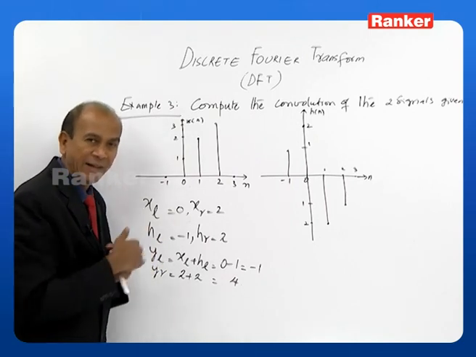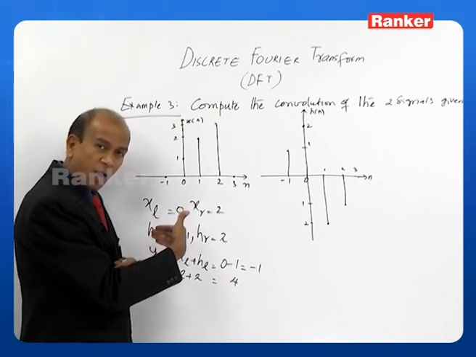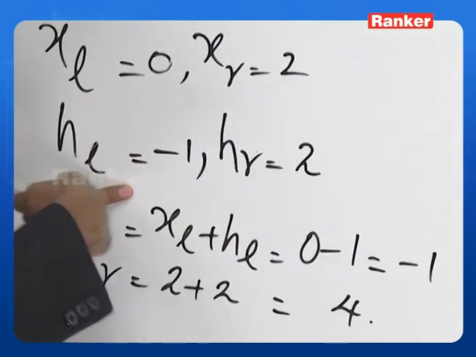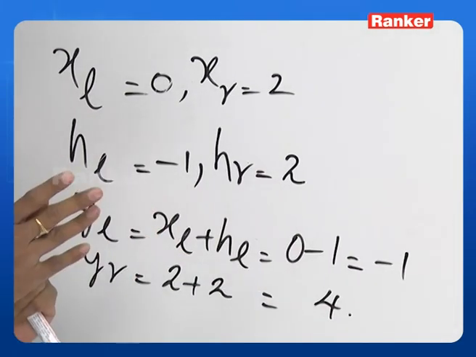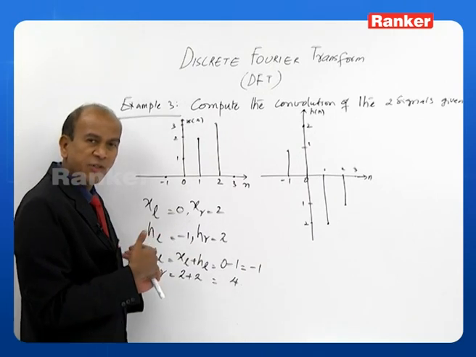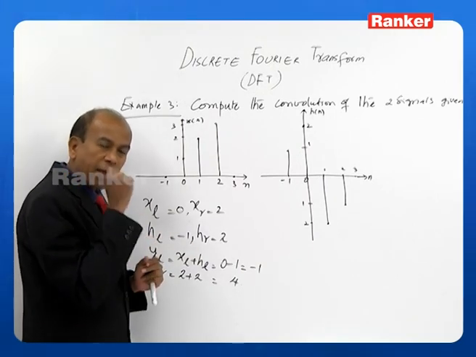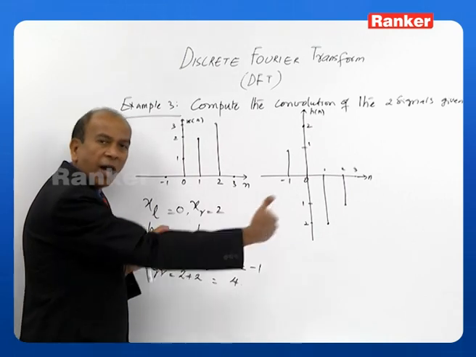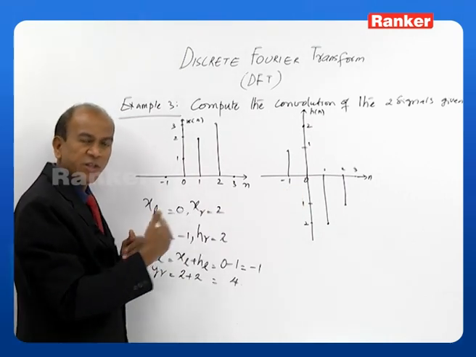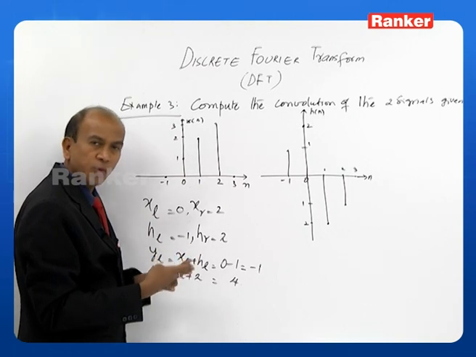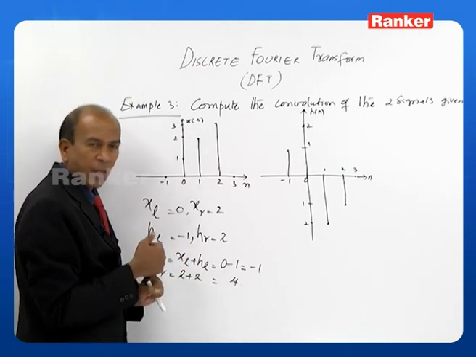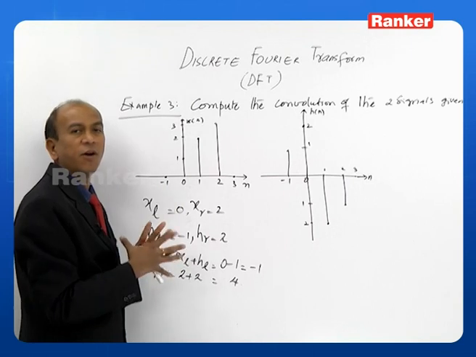Now, what does this indicate? y of l is minus 1 and y of r is 4. That means the range of values I should take is that y will start from minus 1 and go up to plus 4. So, the values I should take are minus 1, 0, 1, 2, 3, 4. Then I will get the complete convolved product.